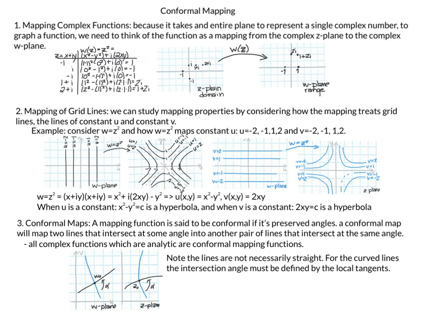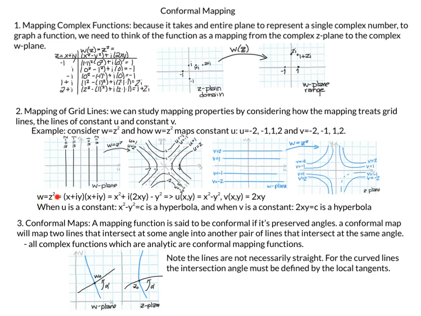We did this example where we looked at w equals z squared, and we looked at how w equals z squared maps constant lines u equals 2, 1, -1, and 2. And also we looked at how it maps constant lines v equals 1, 2, -1, and -2.